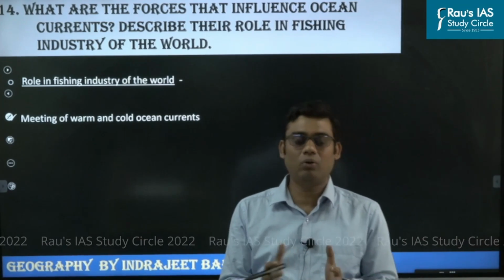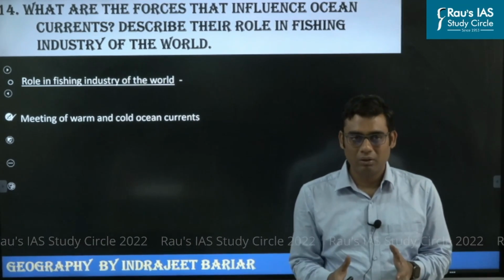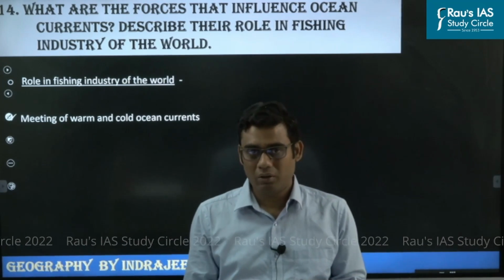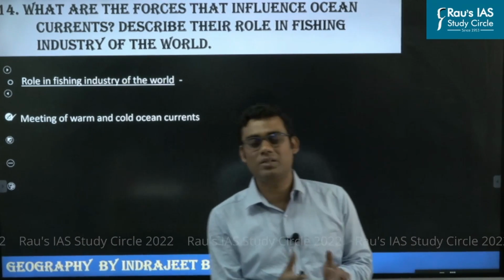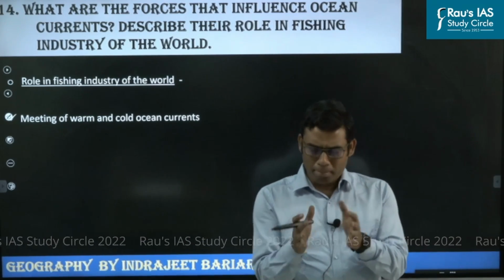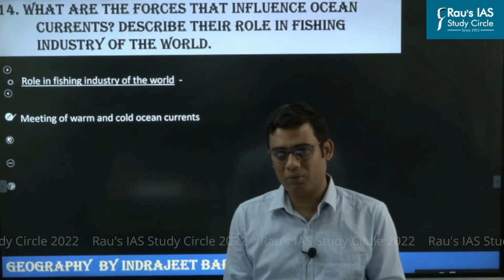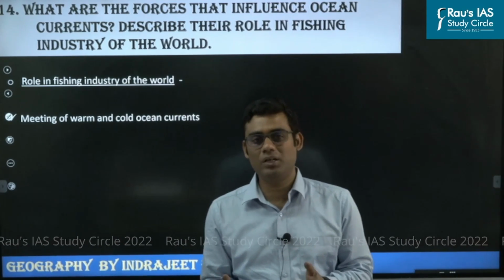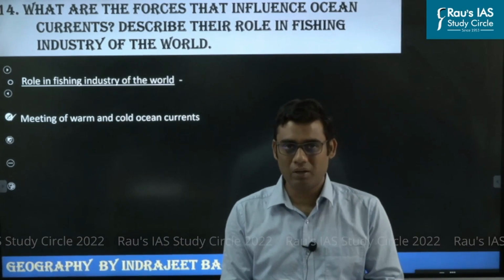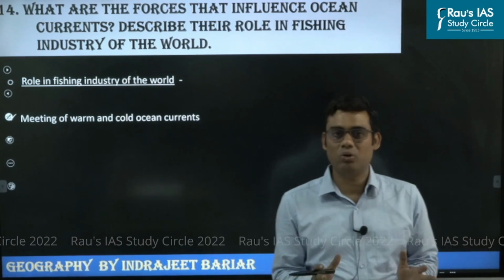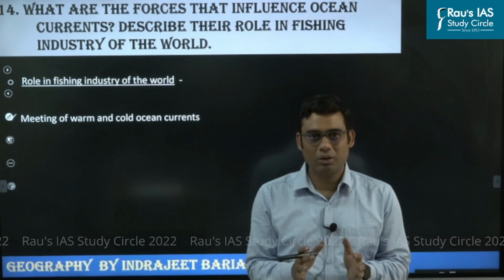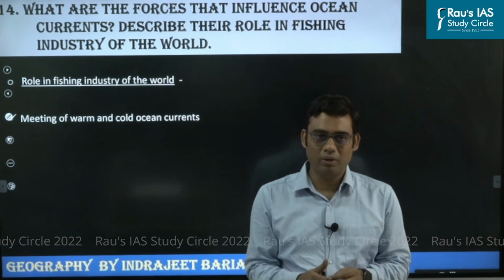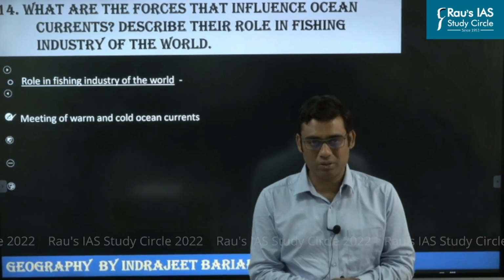Wherever the warm and cold ocean currents are meeting, it produces temperature in the range of 20 degrees Celsius to 30 degrees Celsius. And this is the most optimum or favorable temperature range for the growth of fishes. So all the areas where warm and cold ocean currents meet are the areas which will have very rich fish resources.